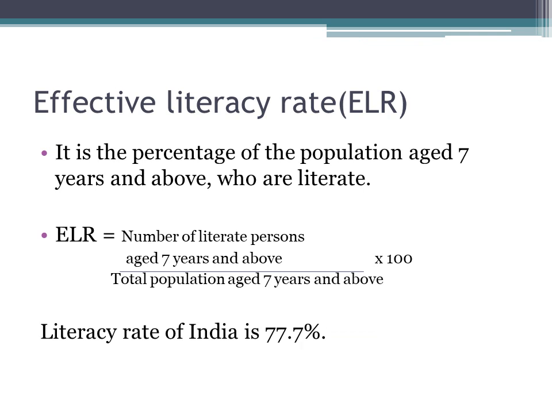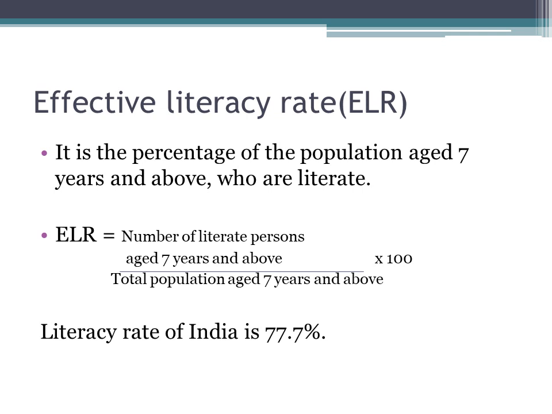Now comes the effective literacy rate. It is the percentage of the population aged 7 years and above who are literate, and is calculated by dividing the number of literate persons aged 7 years and above by the total population aged 7 years and above.